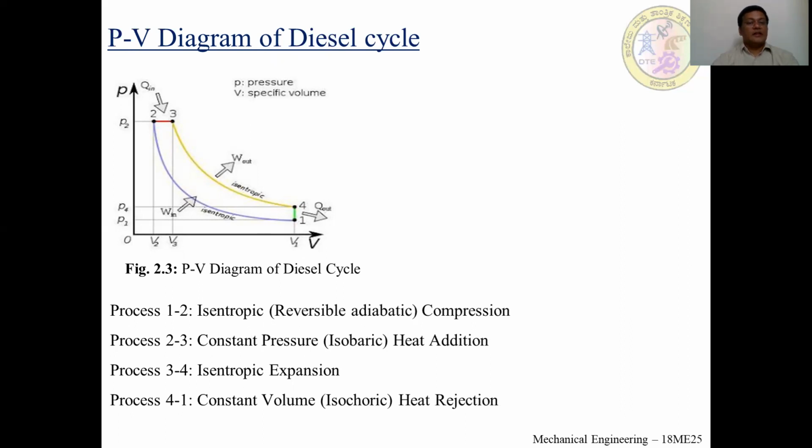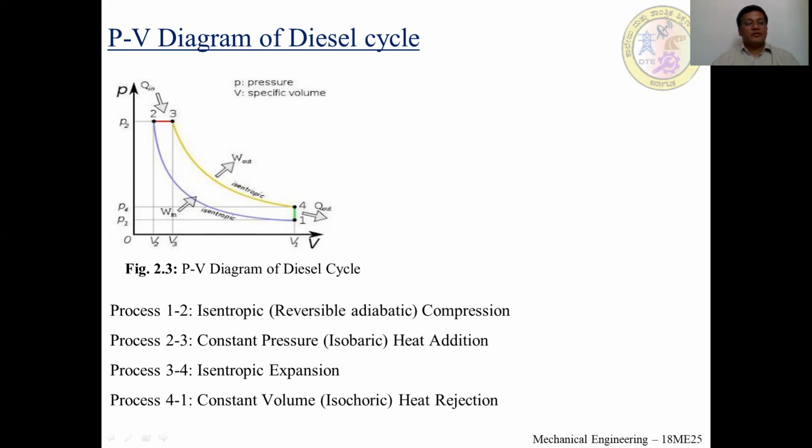The diesel cycle is also called the constant pressure cycle because heat addition takes place in a constant pressure process. Now we'll try to understand each process with respect to the PV diagram. The first process is from state point 1 to 2, isentropic compression.